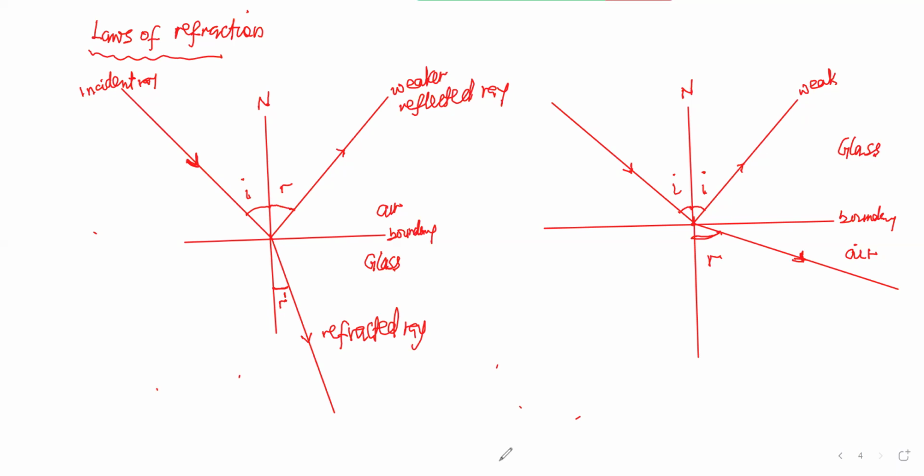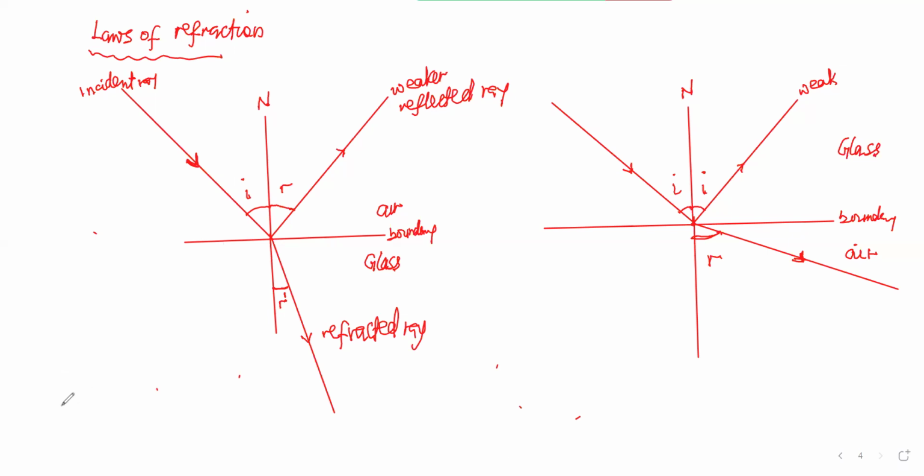So what you must actually note is that whenever light travels from a less dense medium to a more dense medium, the refracted ray is bent towards the normal.